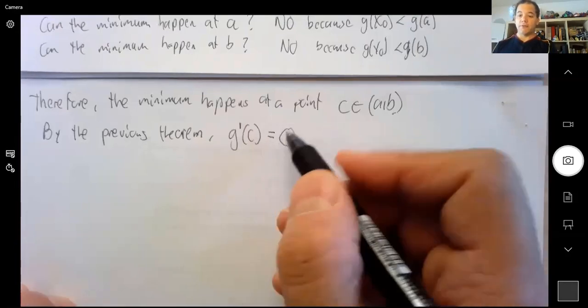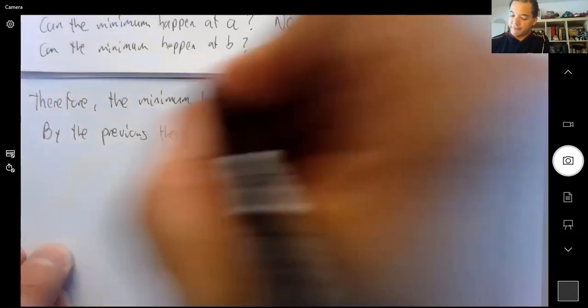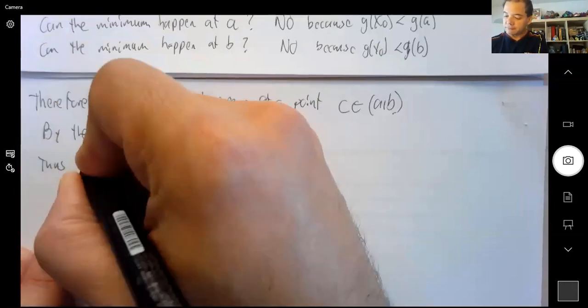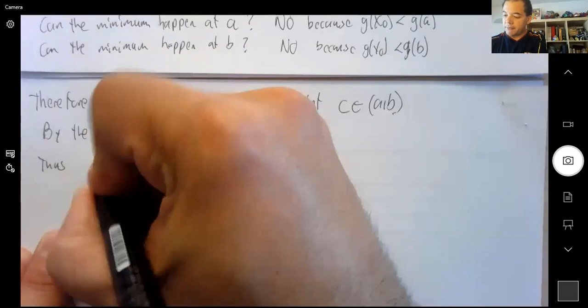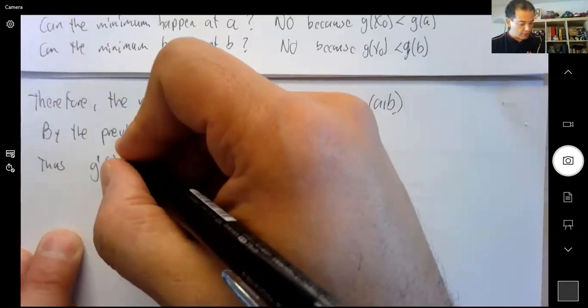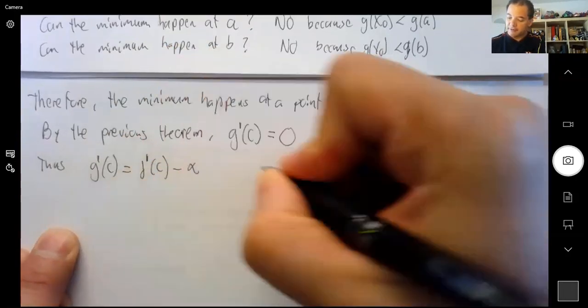So if you have a derivative less than 0 at A and greater than 0 at B, then there is a point in between that has 0 derivative. And we did it for 0, but that shows it in general, because then what is f prime of C? Well, g prime of C, by definition, the way we defined our function, was f prime of C minus alpha.